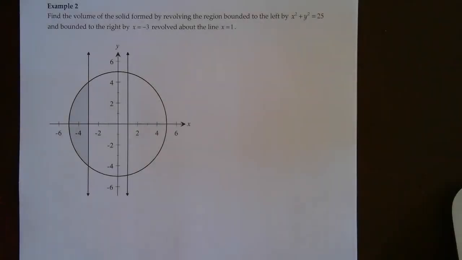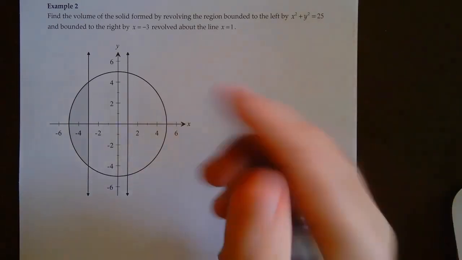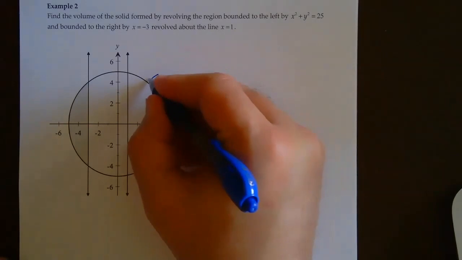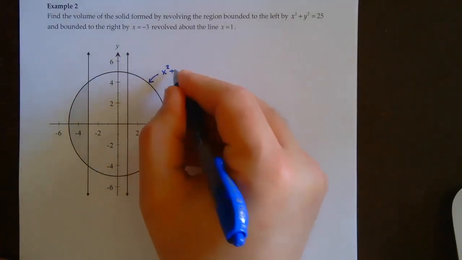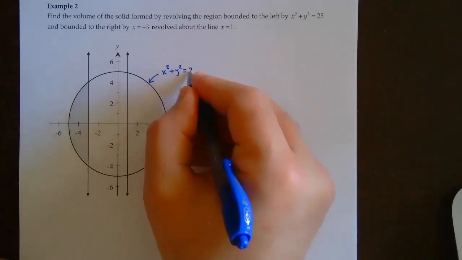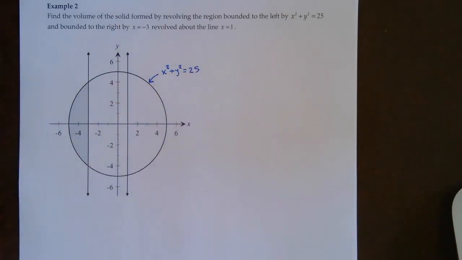So for this one, example 2, we want to find the volume of the solid formed by revolving the region bounded to the left by x squared plus y squared equals 25, okay? So this right here is the equation x squared plus y squared is equal to 25. That's the equation of a circle, right?